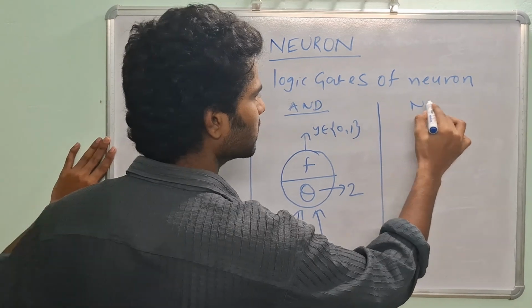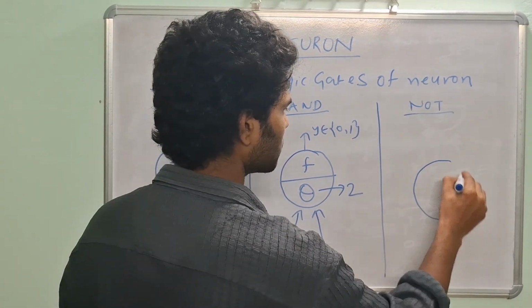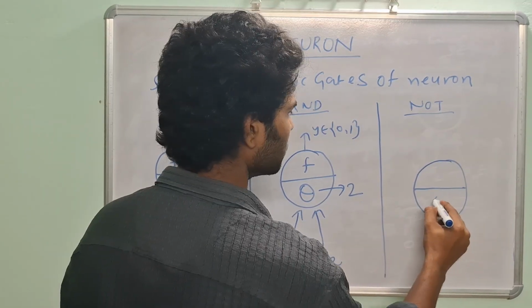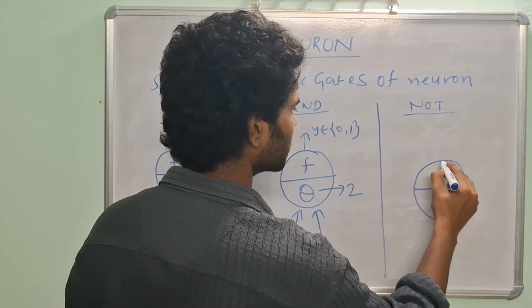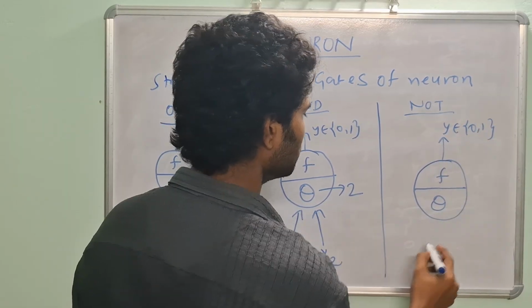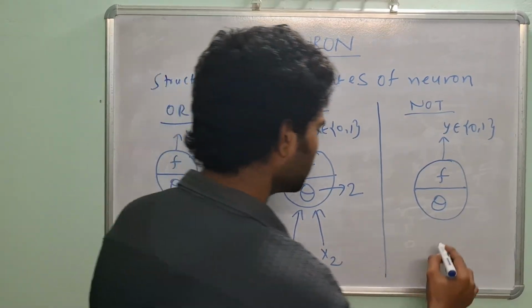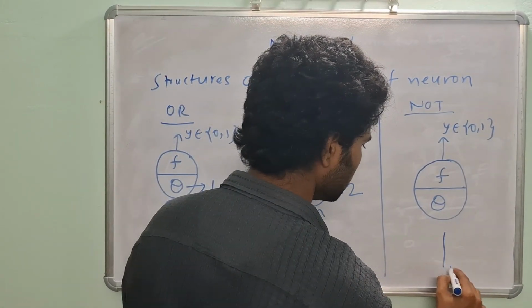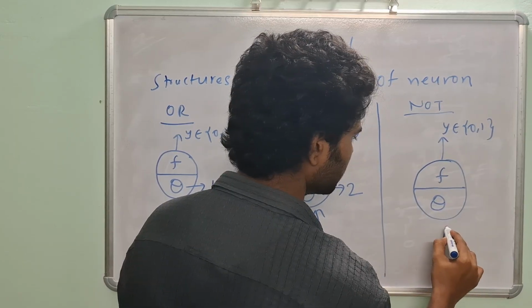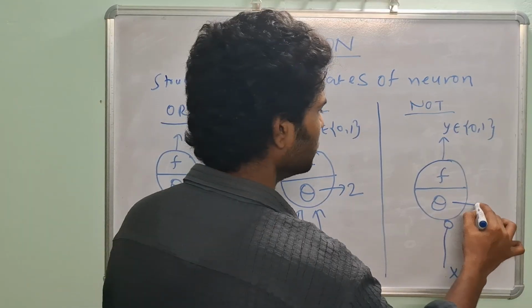And now the NOT gate. This is the threshold value, this is the f function, this is the output. In this case, we are using only one input, x1. Here there is a bubble. This is a NOT gate. Here the threshold value is 1.